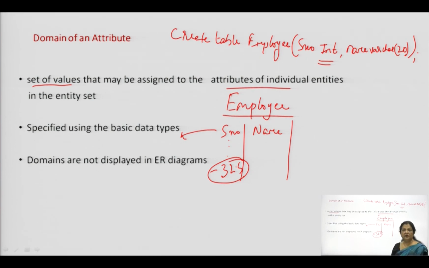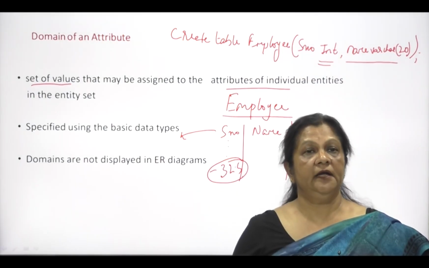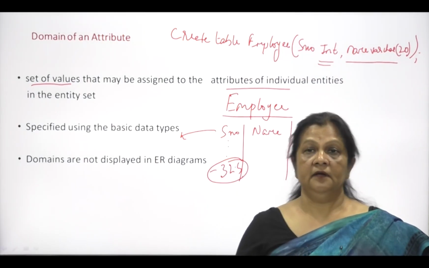So, every attribute will have a domain from which its value will come. Over here we are writing varchar 20 is the domain for name. That means, the domain is a combination of up to 20 characters that can be there.